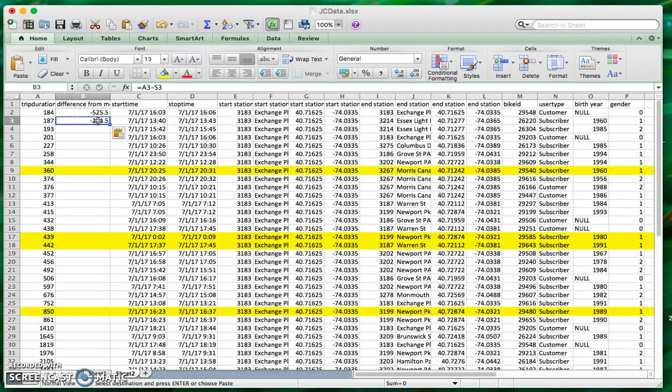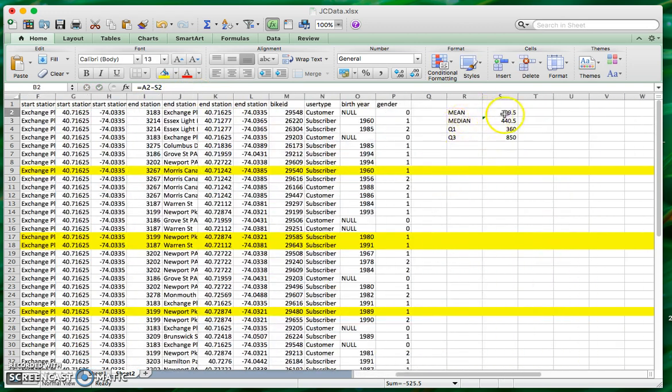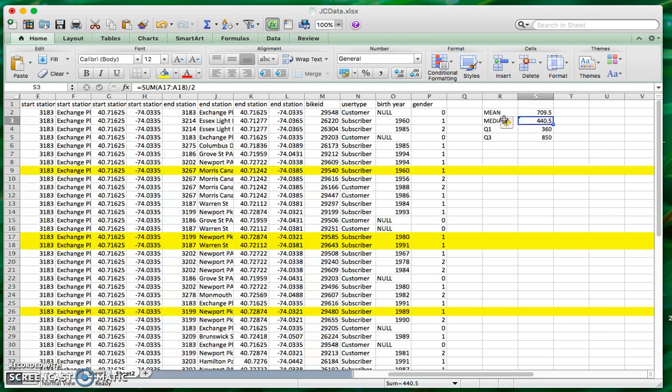If I copy this down, it's going to move it down for me as well. However, seems promising, except that I like the fact that the row number for the A part, I want it to look at this value. That's correct, right? But I don't actually want it to move down to S3. So S2 is my mean, S3 is my median. That's not what I want to be working with here.